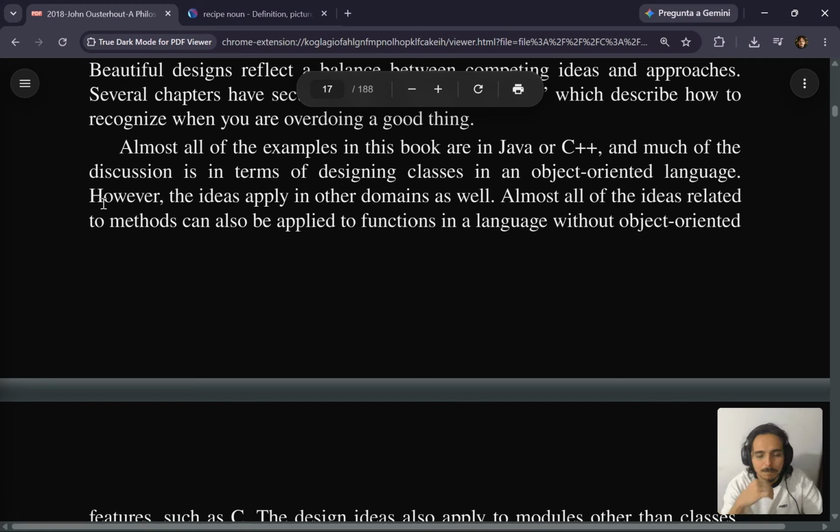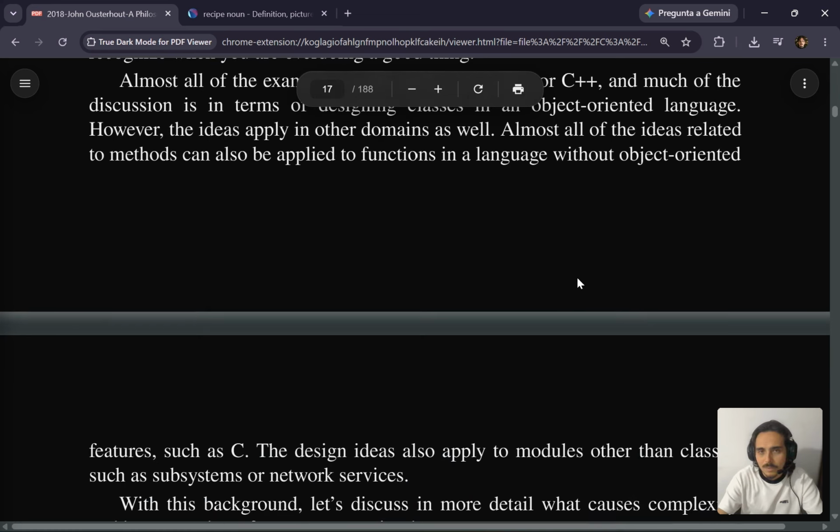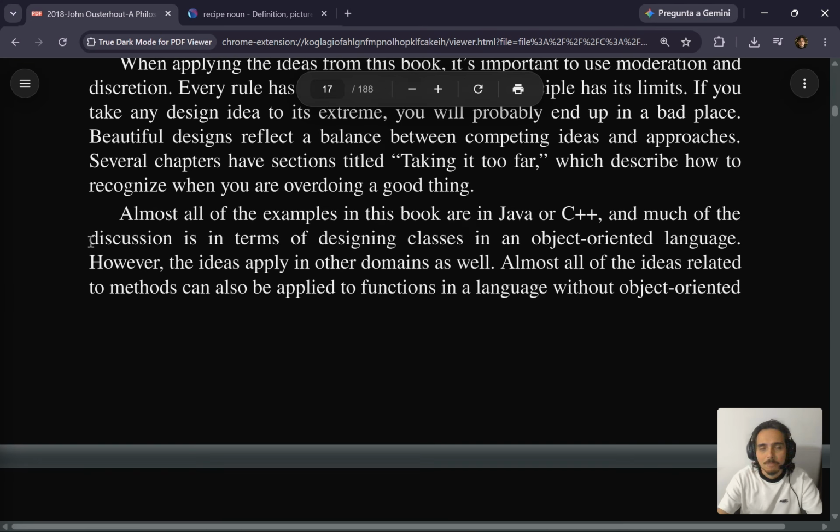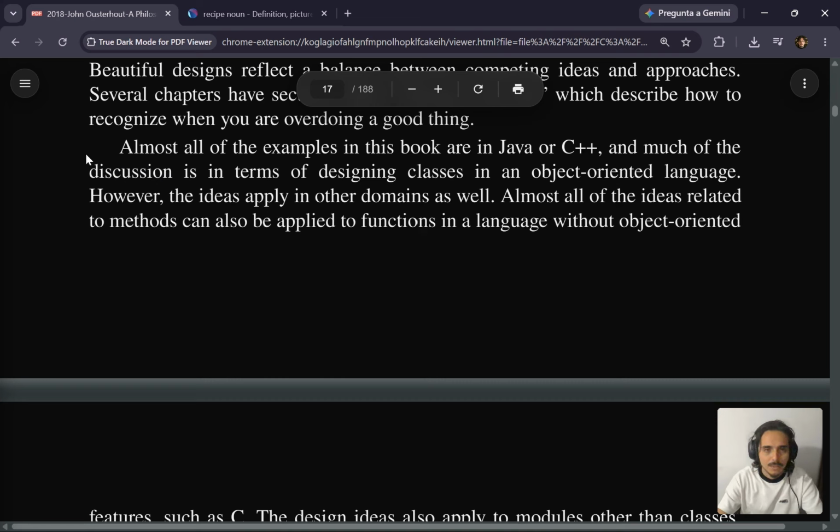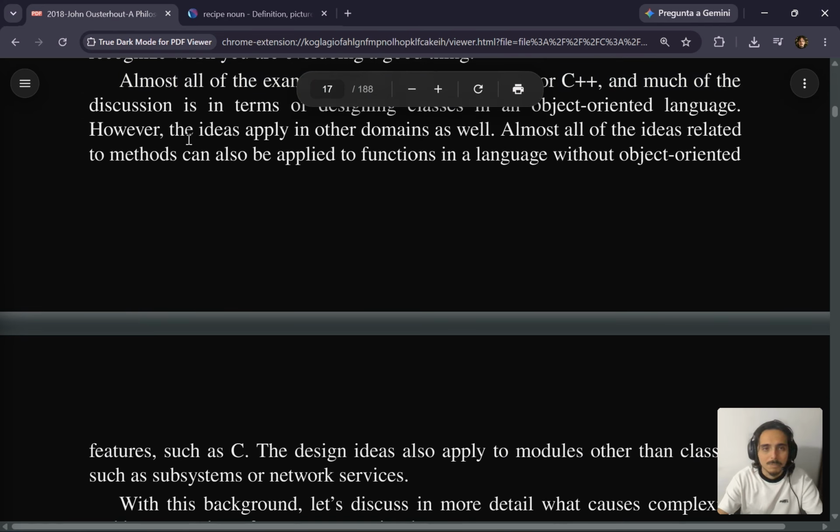The design phase is in all engineering fields, but it's not followed with the same approach because of how malleable a system is. So the design approach cannot be iterative, I guess, in civil engineering, like building bridges. So yeah, let's continue. That question is going to be answered through experience, not by theorizing here, I guess. However, the ideas apply in other domains as well. Almost all the ideas related to methods.